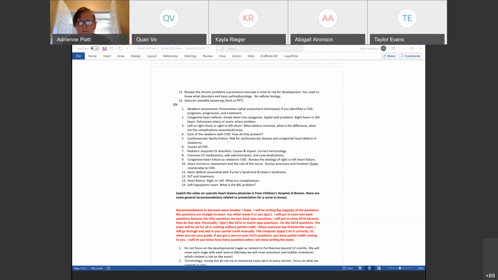Those babies do not do well. I saw a 7-year-old with hypoplastic left heart. From a nursing standpoint, those kids are miracles.